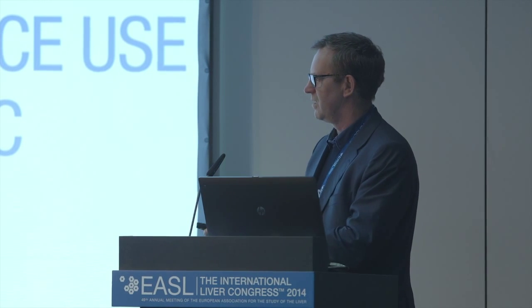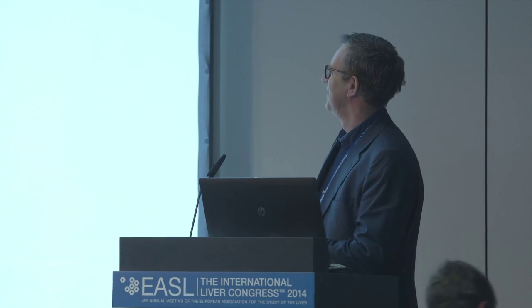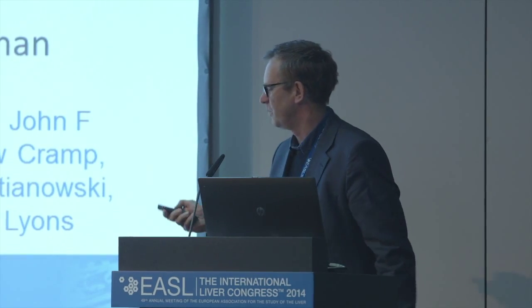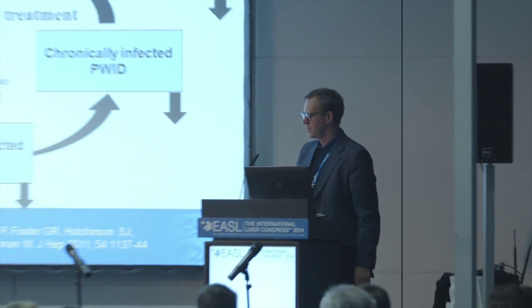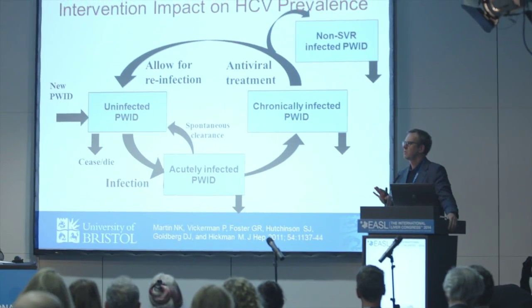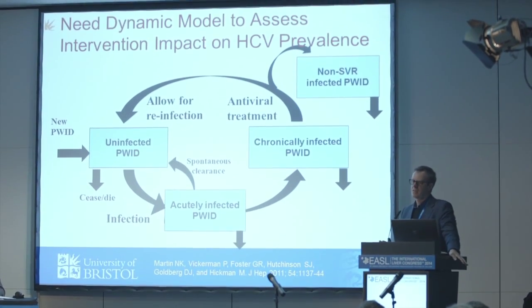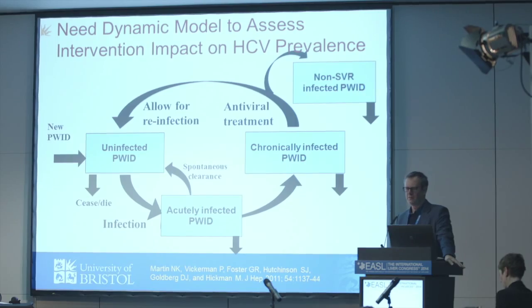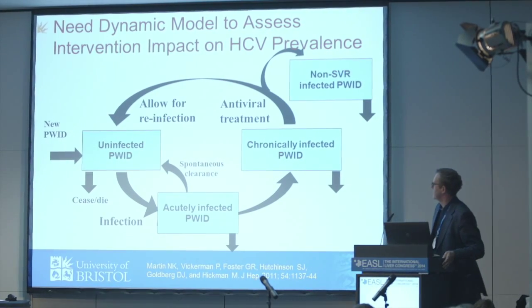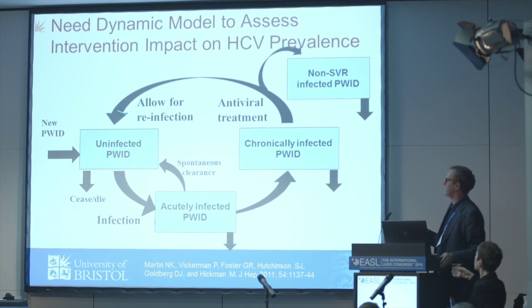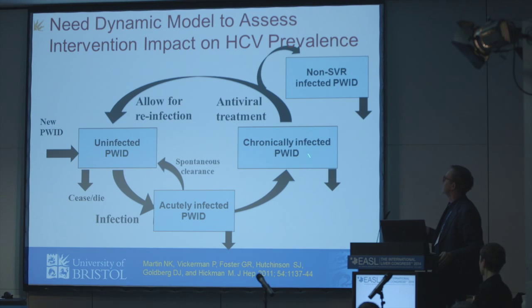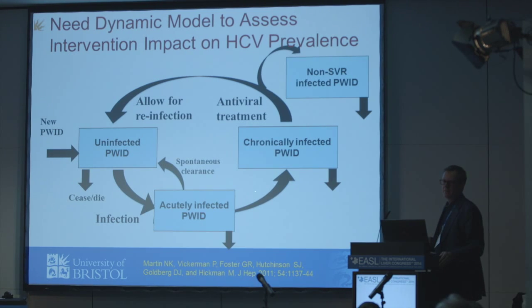Super. Okay. So the first thing I want to say is that if you want to talk about eliminating hepatitis C, you need a dynamic model. You have a pool of people who are uninfected, they become infected, chronically infected, then you treat them, and if they're injectors, they go back in this pool, then they can get reinfected.